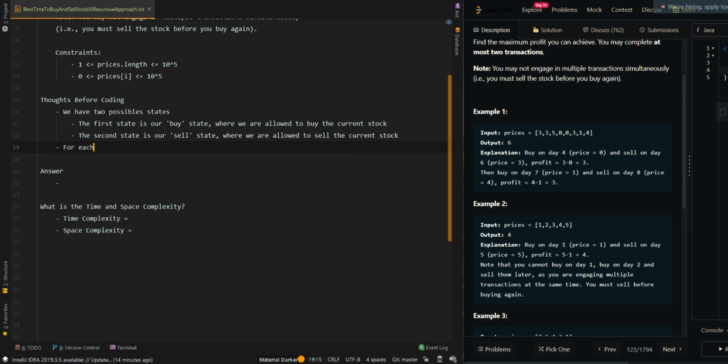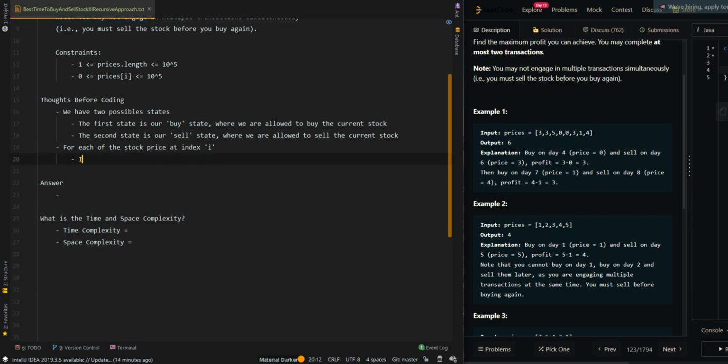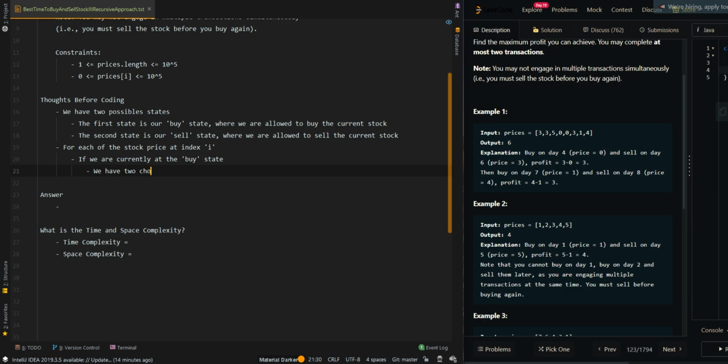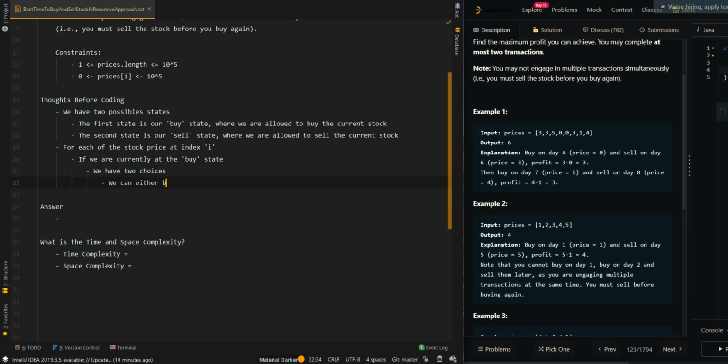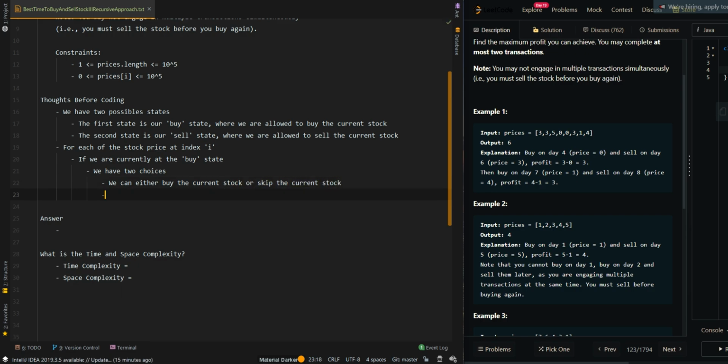Then for each stock price at index I, if we are currently in the buy state, we have 2 choices. We can either buy the current stock or skip the current stock. We want to pick the choice that will give us a higher profit.